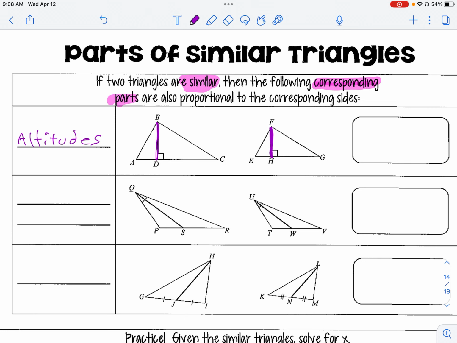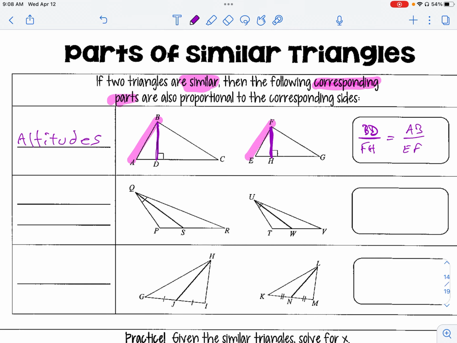So what we're going to have here is BD, altitude number 1, over FH, which is altitude number 2, and that's going to be the same as, pick any corresponding side, AB over EF. That's going to be true.